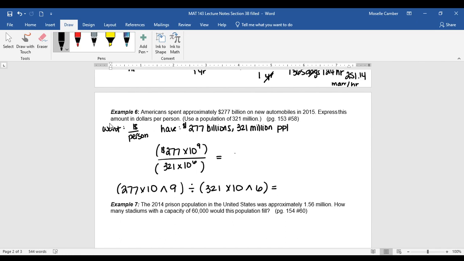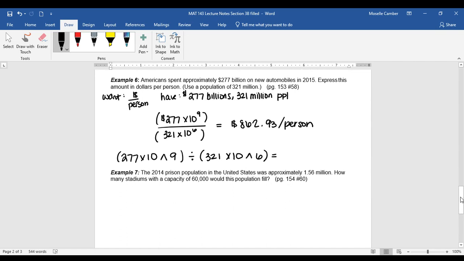You end up getting $862.93 per person. This one might not be quite as helpful because not everyone buys a new automobile every year. But if everyone paid, it would have to be about $862. So sometimes changing units helps, sometimes it doesn't really.